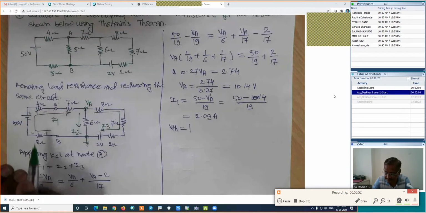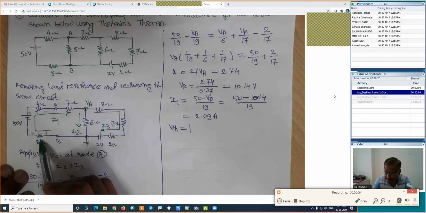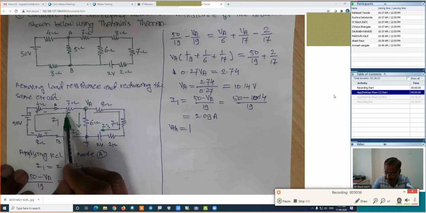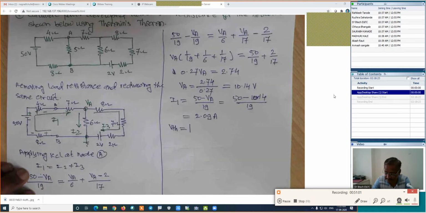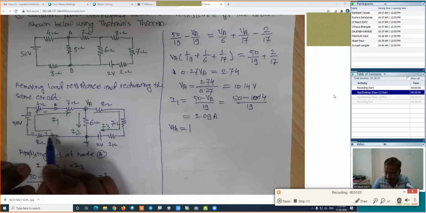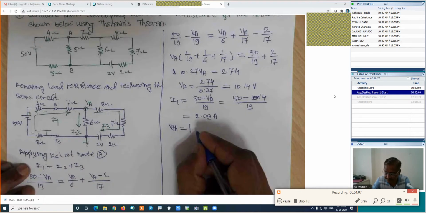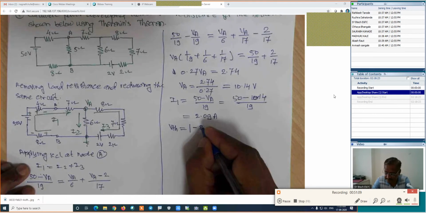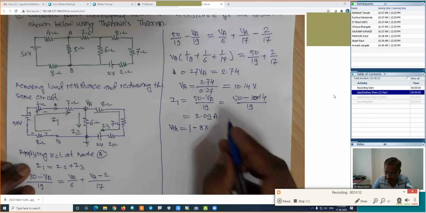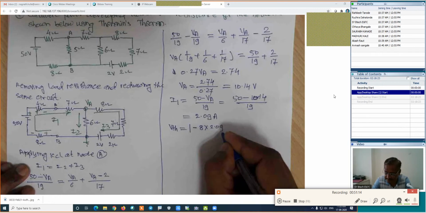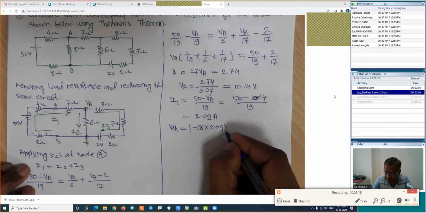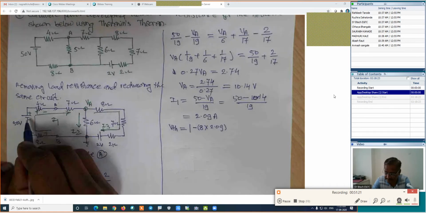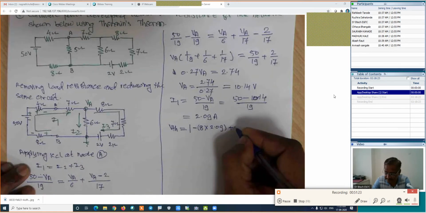We mark the terminals for resistances or elements depending on the assumed direction of the current, but battery terminals are always fixed. The bigger one is positive, the smaller one is negative. If we travel from B towards A, we travel from positive to negative, which is minus 8 times its current, 2.09. Then from negative to positive, which is plus 50.